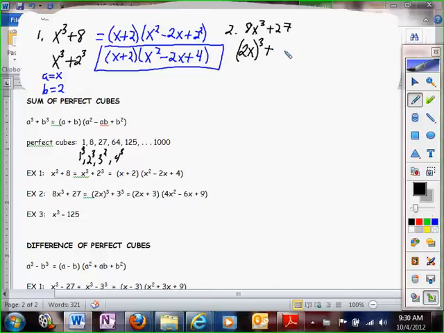Then I can rewrite the 27 as 3 cubed, because 3 times 3 times 3 is 27.